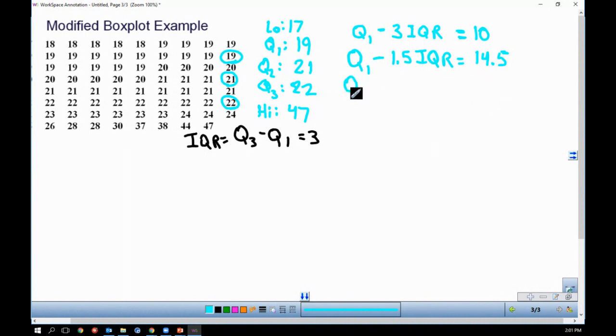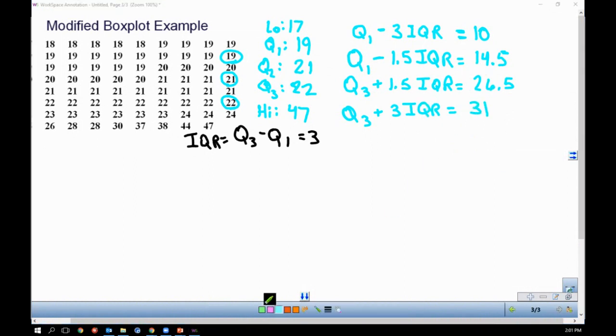Then we need to do Q3 plus 1.5 IQR. That one will also be a decimal. 26.5. And then Q3 plus 3 IQR. 31.